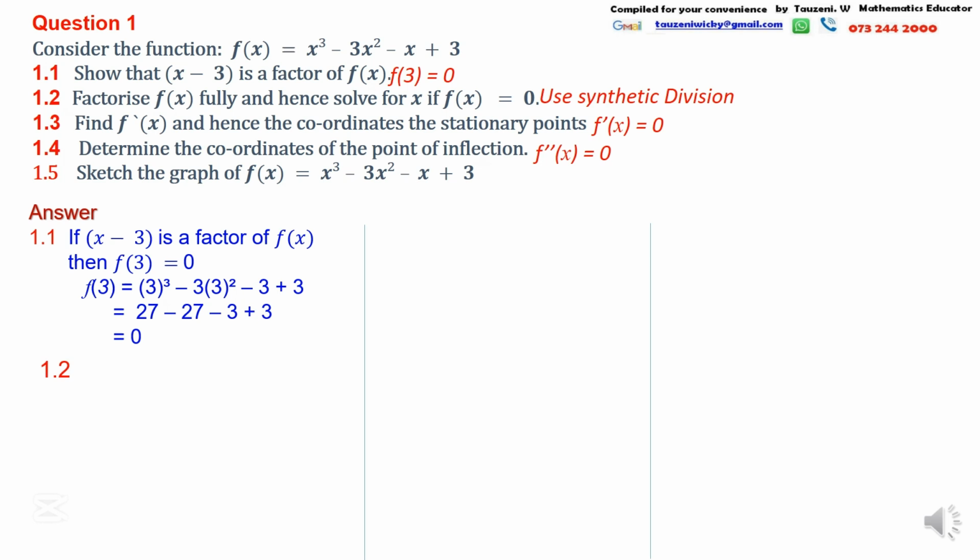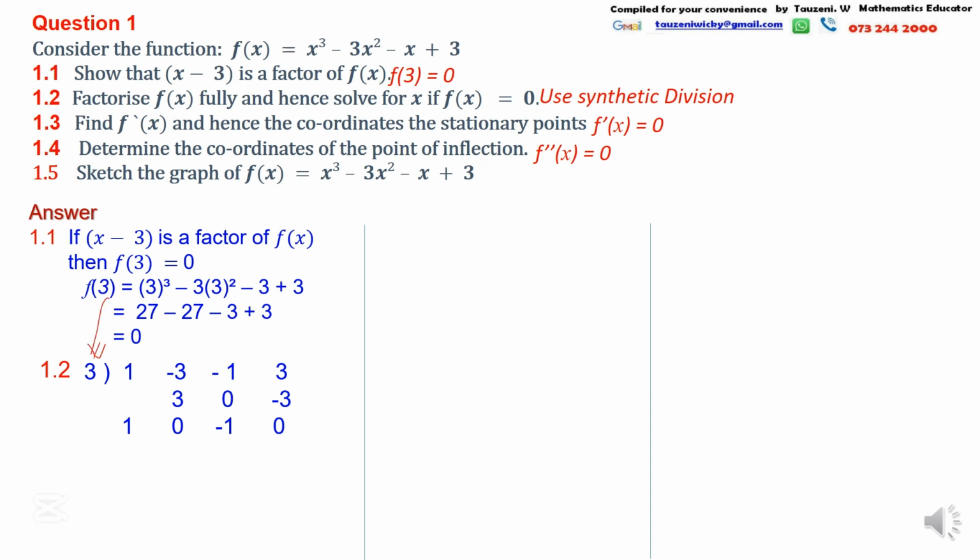Number 1.2. Now we can factorize using various methods. In this case, we have used synthetic division to simplify this. Now synthetic division works like this. The first value, this one here, is the value of 3 that we have used in number 1.1.